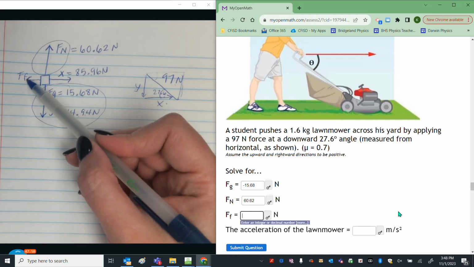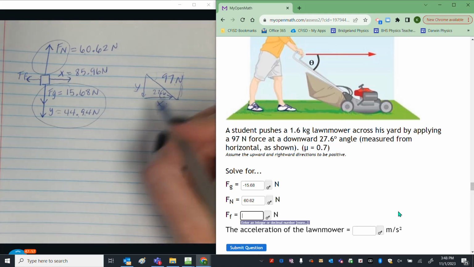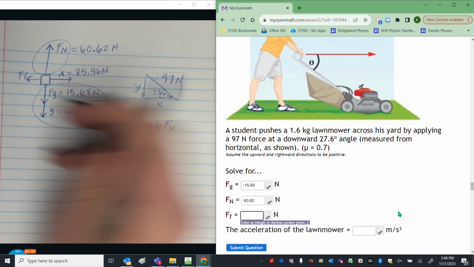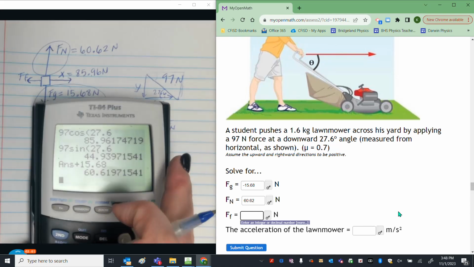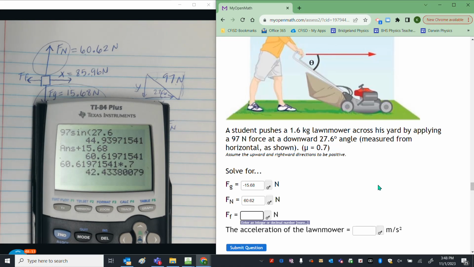I know Fn, I just found it. Mu is in my question, it's 0.7. So we can just use this formula here and say that force of friction is equal to mu times normal force. So let's go ahead and do that. My normal force is already on my calculator screen. Let's multiply it by my coefficient of friction in the question, that is 0.7. And that gives me a force of friction of 42.433.